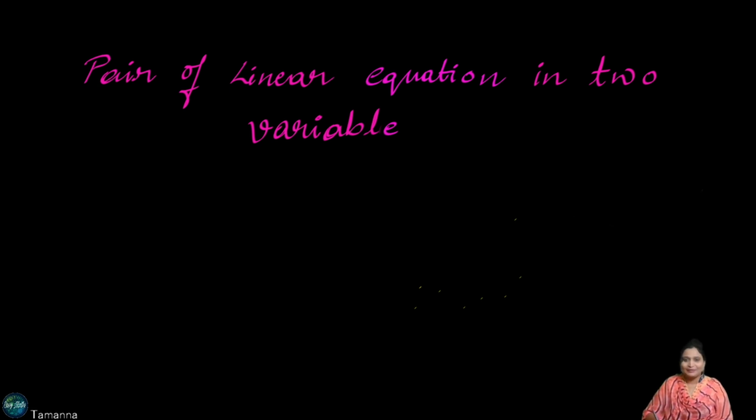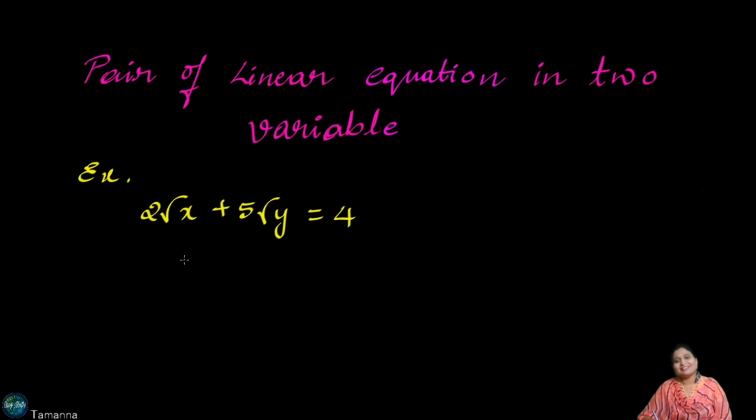So that example is this type: 2 root x plus 5 root y is equal to 4. So guess, students, is this a linear equation in two variables or not?